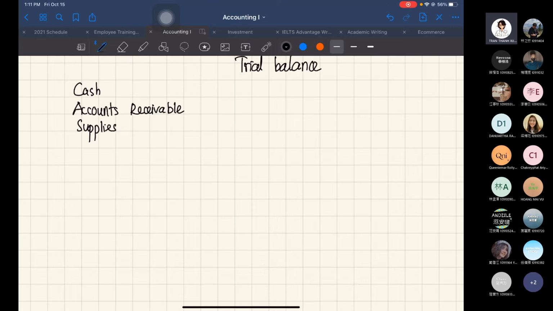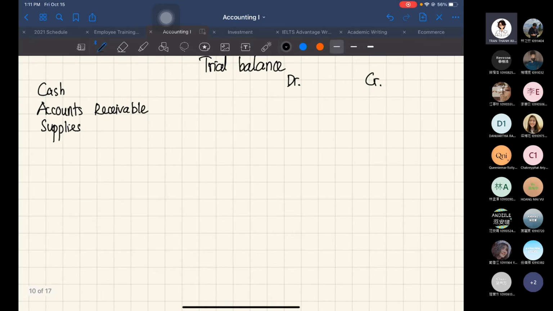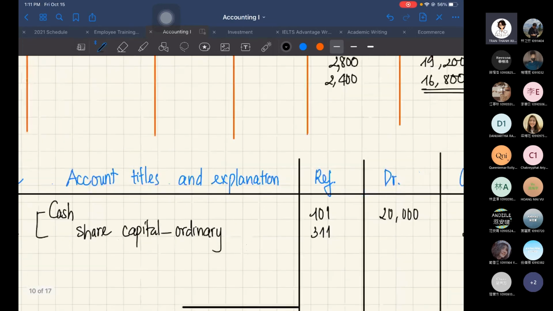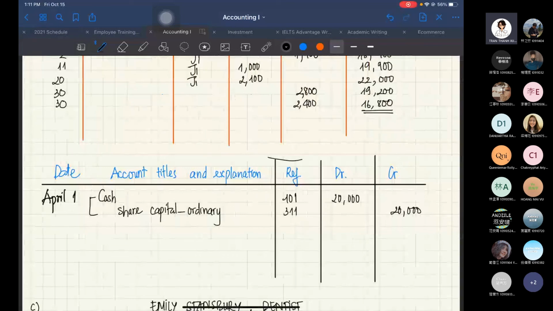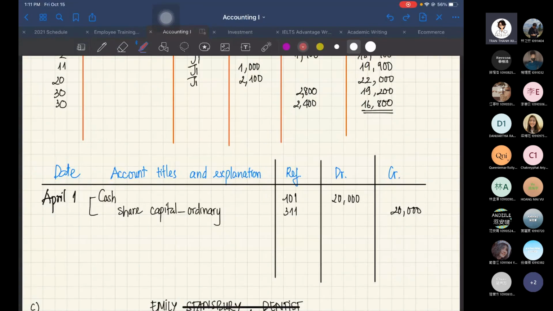Yes, that's what I remember from assets in this one. Is it true? Can you help me double check? This one credit, this one debit. For the cash, how much do you get? Did you get a number? You get it from here.